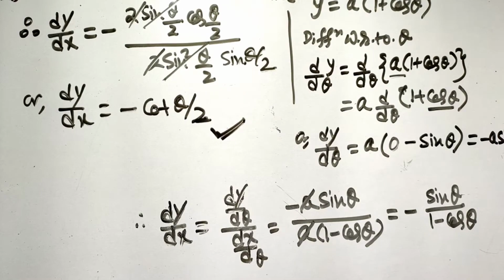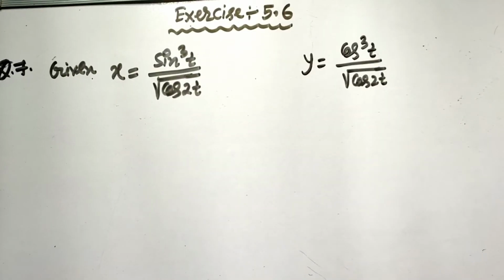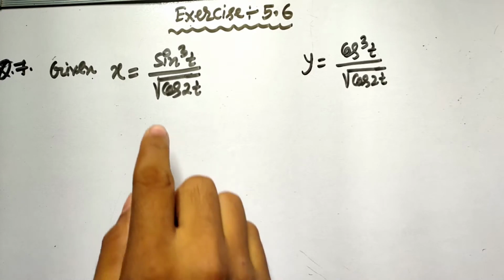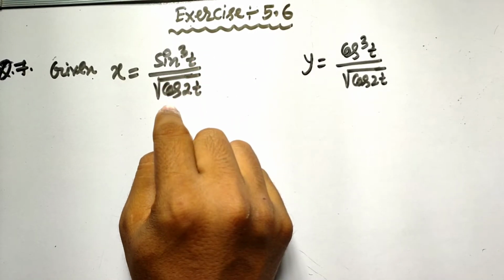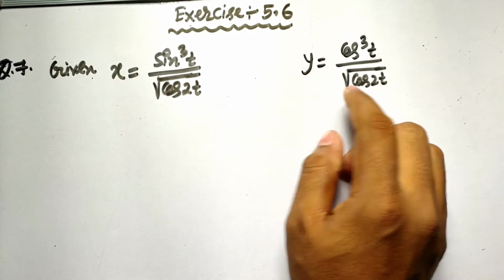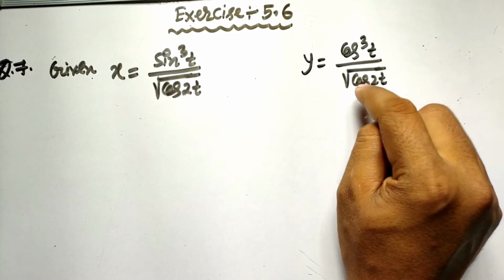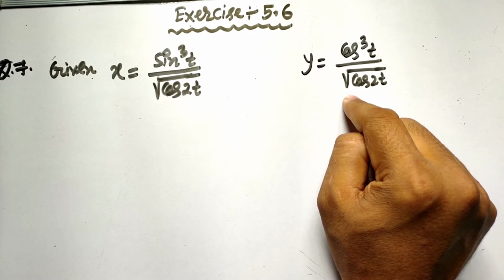Next, question number 7. Student, question number 7 is a very easy question. It's a 6 marks question. Given x equal to sin cube t divided by root under cos 2t, and y equal to cos cube t divided by root under cos 2t.